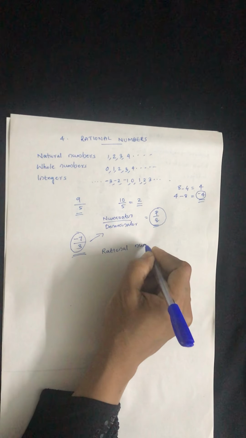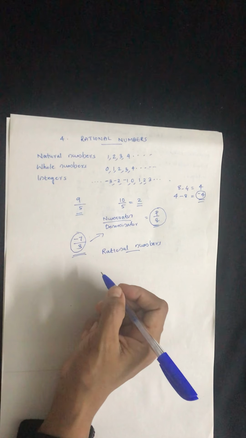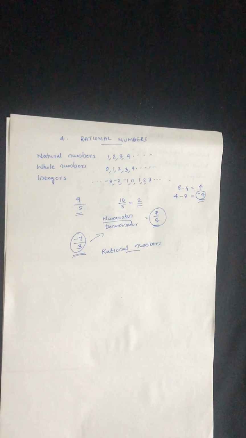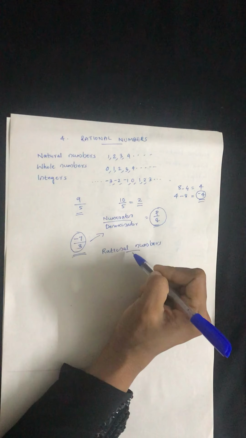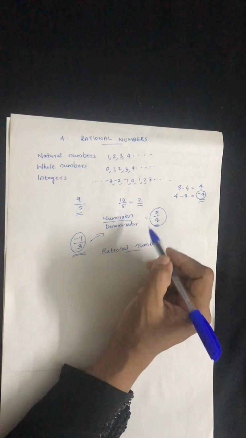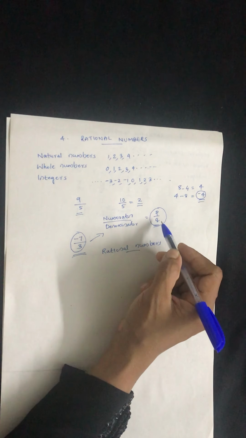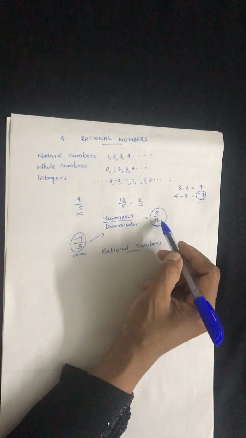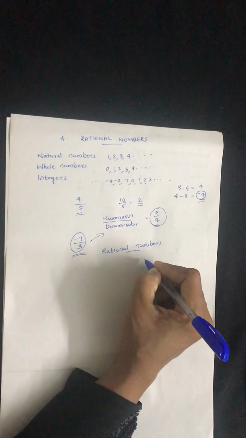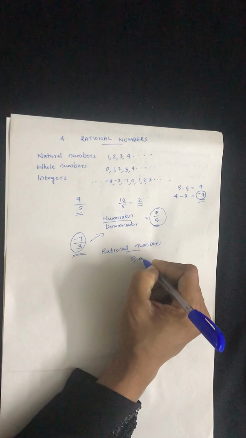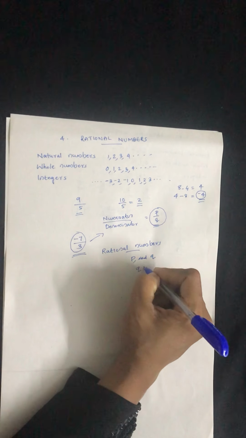Rational numbers. So how can we generally define rational numbers? Rational numbers are a set of numbers which can be expressed in the form of p by q, where p and q are any integers, and one more condition, q not equal to 0.